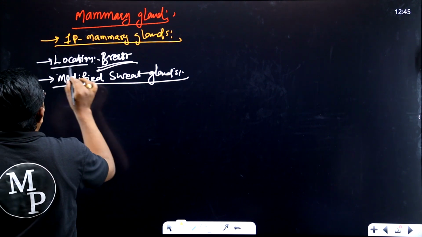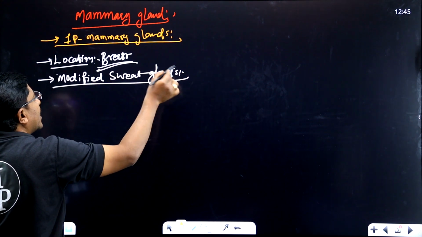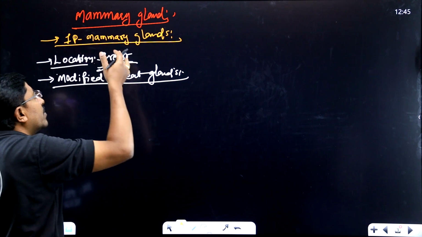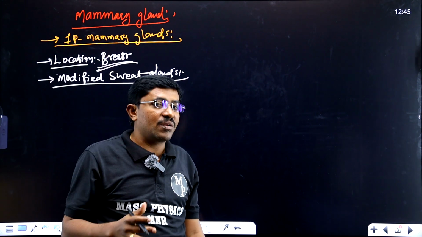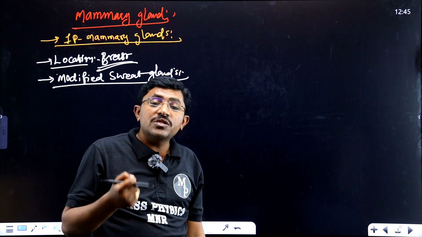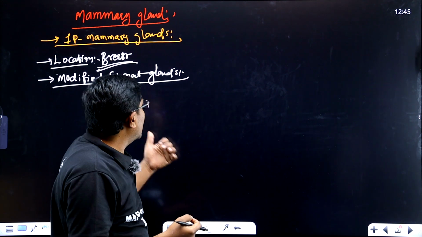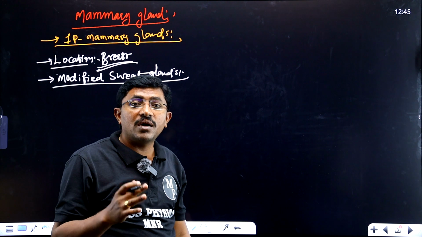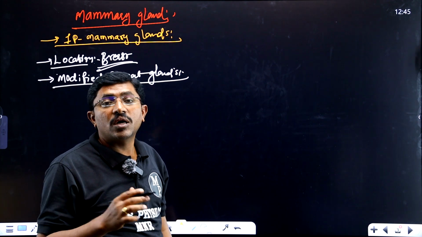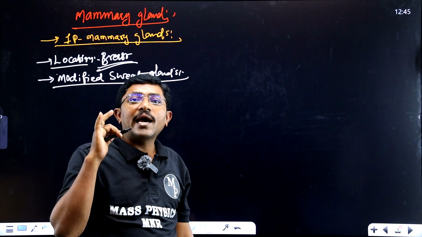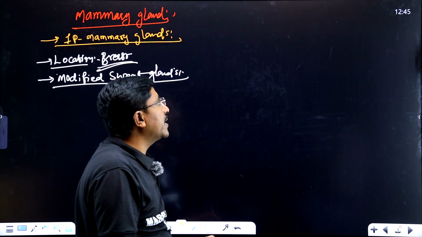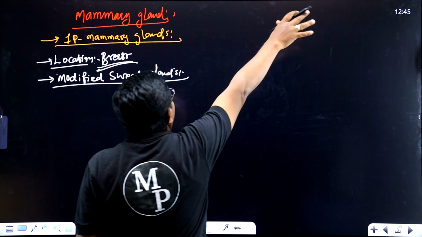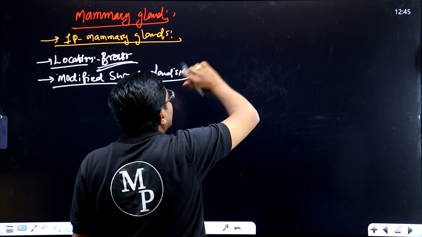Only certain sweat glands get modified into the mammary glands, in the presence of some female reproductive hormones. Which hormones have a major role in the development of mammary glands from the puberty age? Estrogen and progesterone hormones have the major role. So I will explain the hormonal regulation of development of mammary glands.